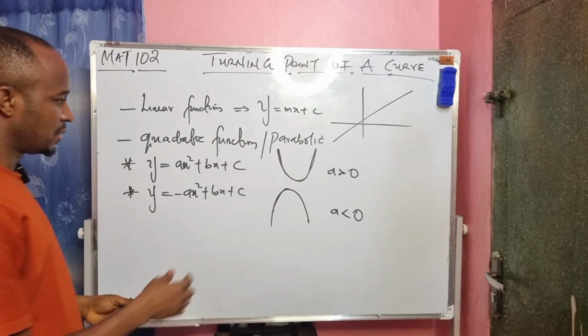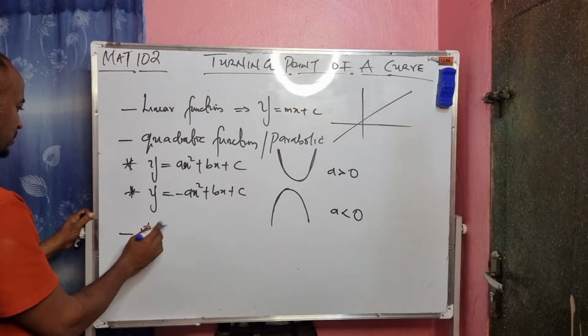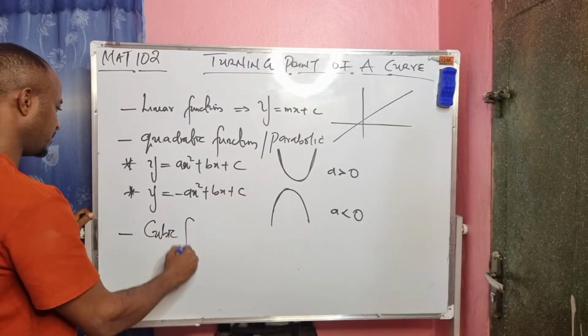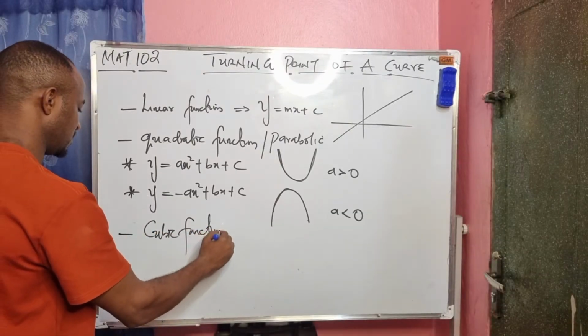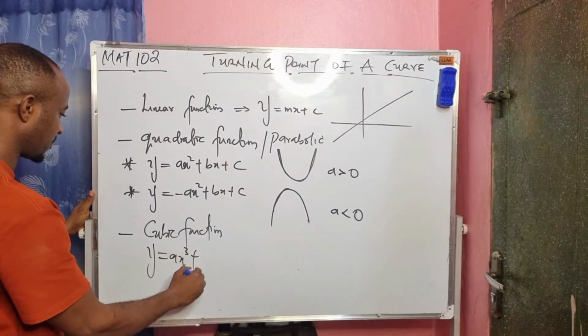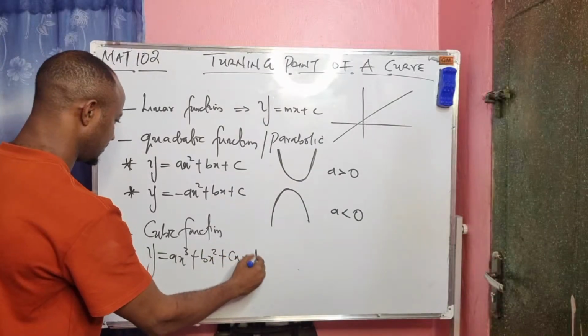Now, we have a third graph, which I'll be talking about, which is a cubic function. A cubic function is a function of this kind, y equals ax cubed plus bx squared plus cx plus d.